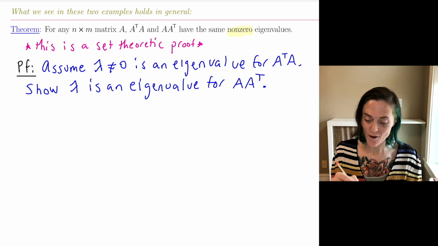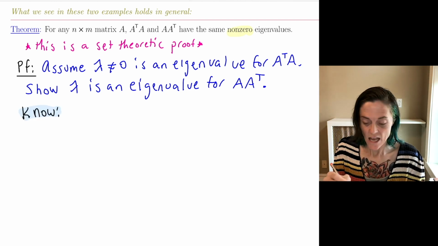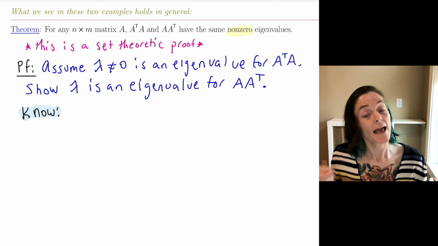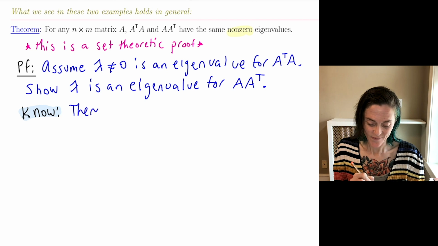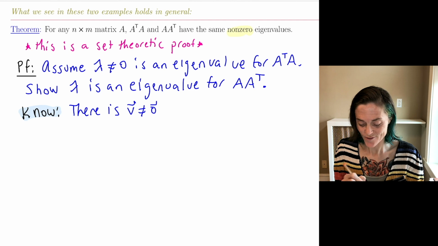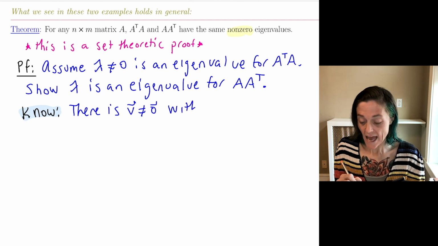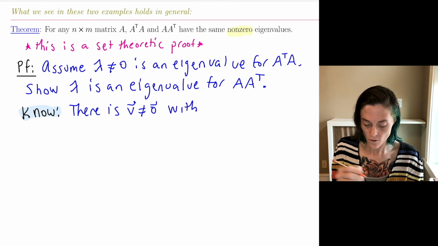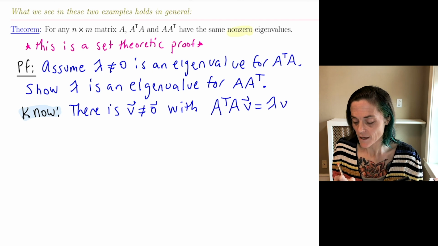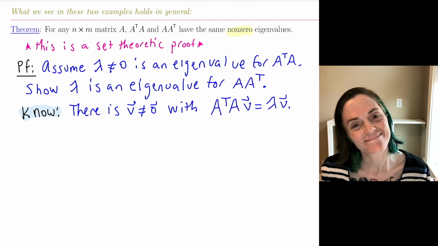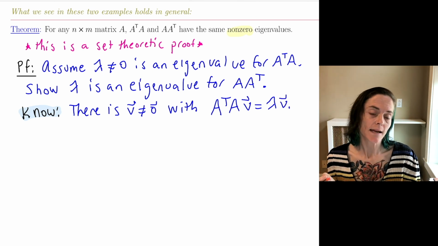Okay, so what do we know? Well, by the definition of eigenvalue and eigenvector, we know there is a V, which is non-zero, since eigenvectors are never zero, with A transpose A times vector V equals lambda V. Definition of eigenvalue and eigenvector.